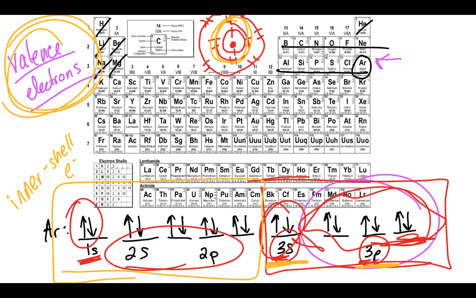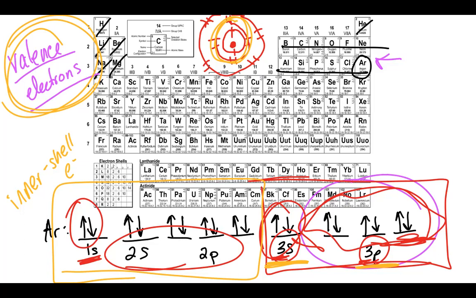In general, when we're not talking about a noble gas, the valence electrons are the electrons available to participate in bonding. And the inner shell electrons belong to this atom specifically, so they're not going to be shared or transferred at all. So that's just some terminology we use.